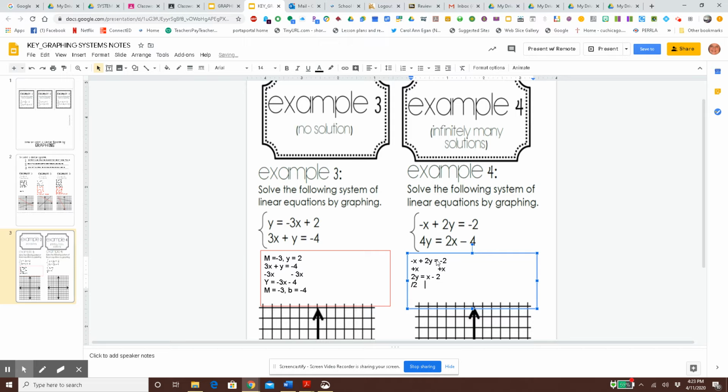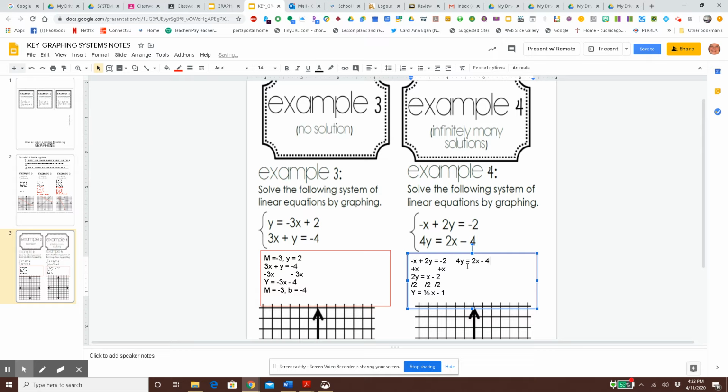So we're going to divide by 2 in both sections, or everything. Y equals 1/2 x minus 1. I'm going to come up here and change it to red. So I have 4y equals 2x minus 4.